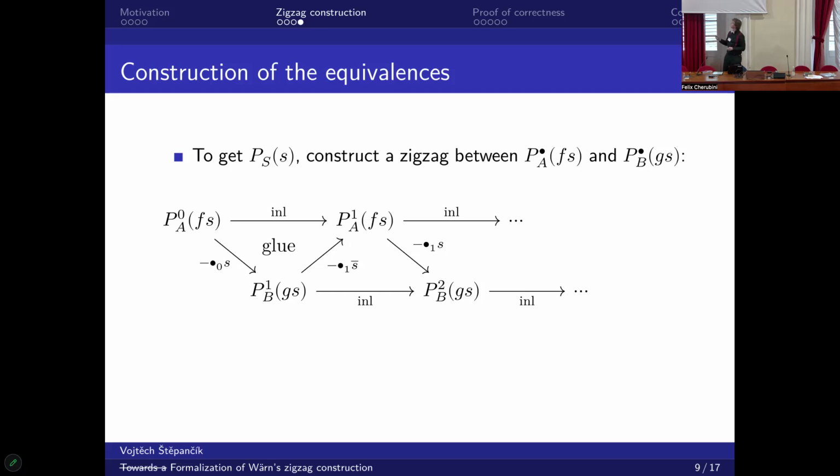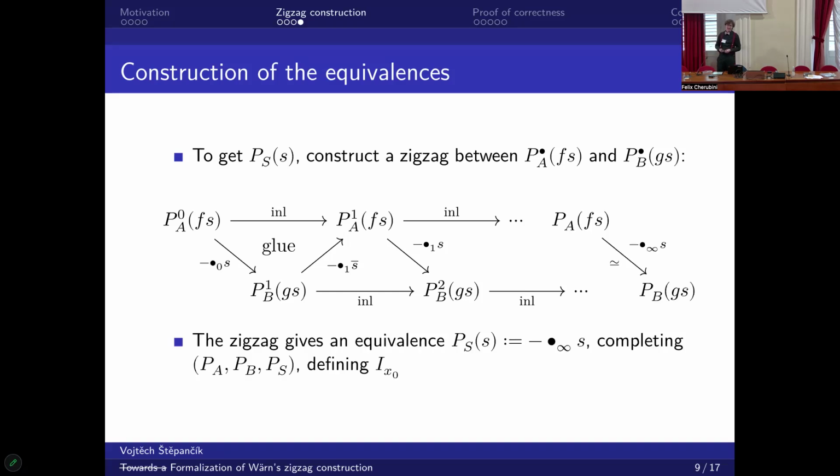Zigzags being the maps down and up, and triangles, where the maps are just the right inclusions of the defining pushouts, and the triangles turn out to be the glue of those pushouts. And then this structure induces an equivalence in the colimit. And that completes the definition of this descent data and gives us the type family. So that's the zigzag construction.